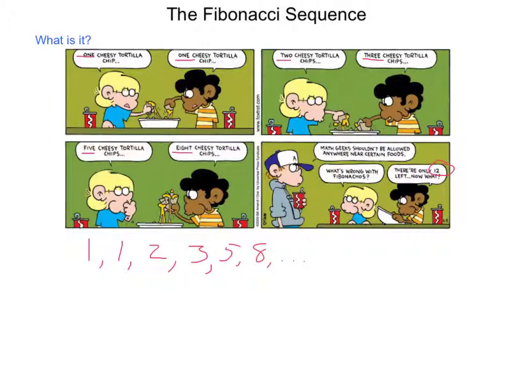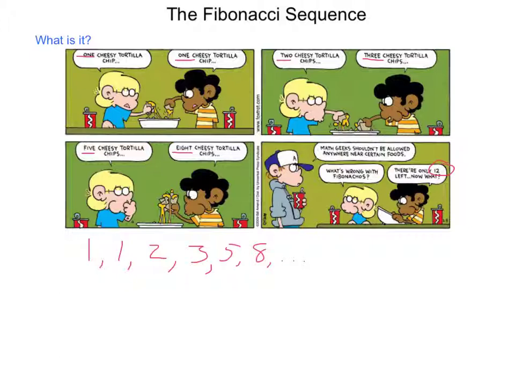So what exactly is the Fibonacci sequence? The Fibonacci sequence is a sequence of numbers that's built through addition, but it's not always adding the same amount. The Fibonacci sequence was developed by a mathematician with the last name of Fibonacci, and he used it to help describe things that were being displayed in the world around him.